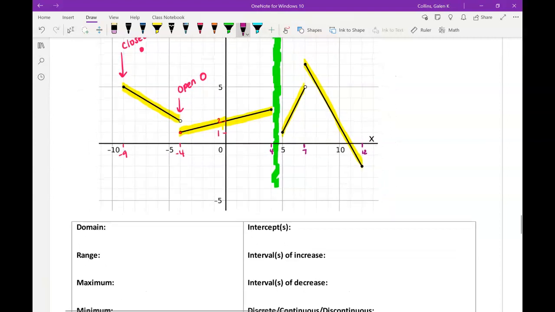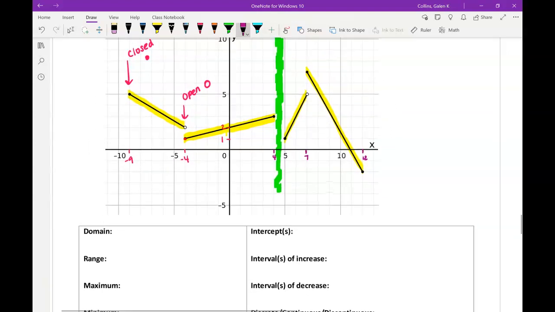All right, so we define domain as everywhere the function exists. The function begins existing at -9, and I'm including -9 in my domain because of the closed circle. And the function continues to exist until I get to 4. So even though I have what we call a jump here, that's just a type of discontinuity, my function still exists there because of the closed circle at the bottom piece.